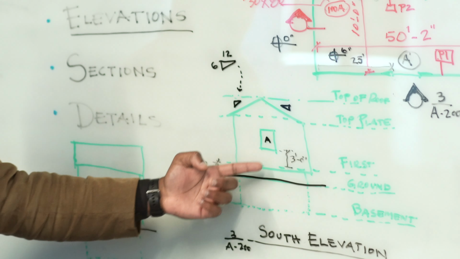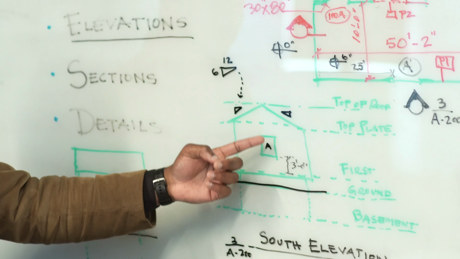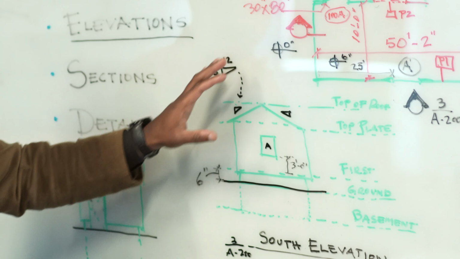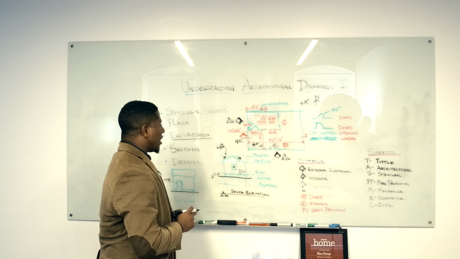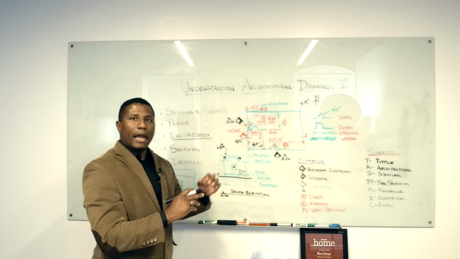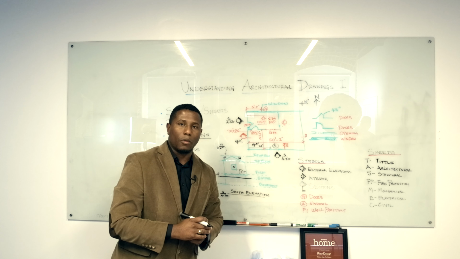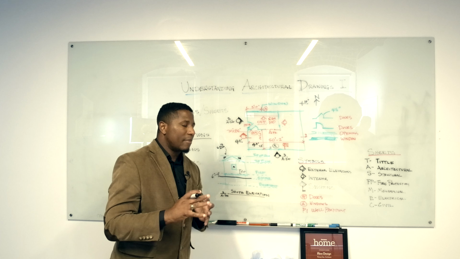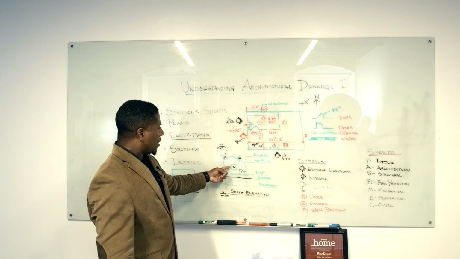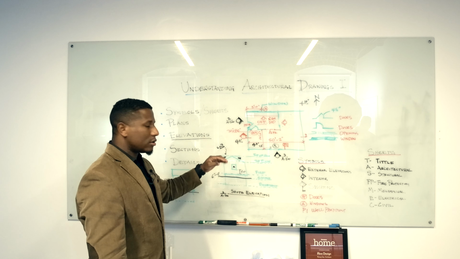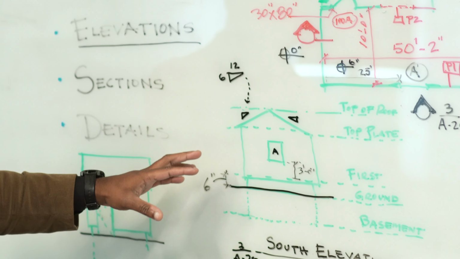So you can estimate where that window is located in relationship to the exterior of your building. So very, very important that you understand the terminology and where to find the information when you're looking at architectural plans. Very, very important.